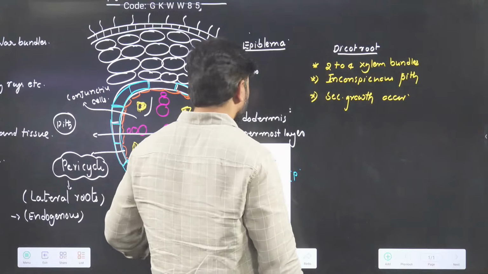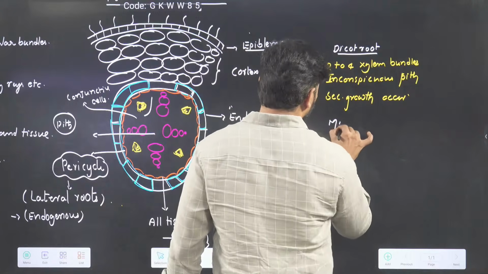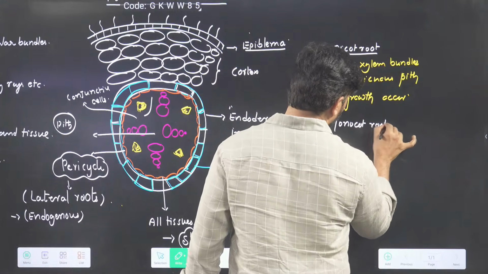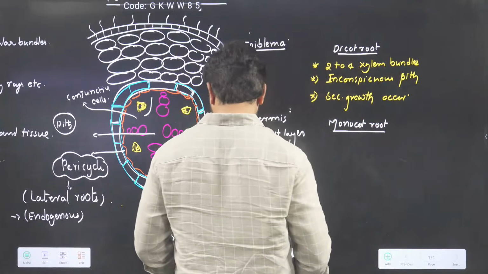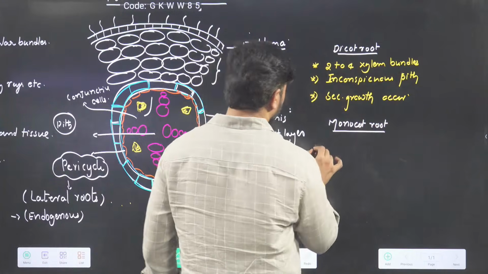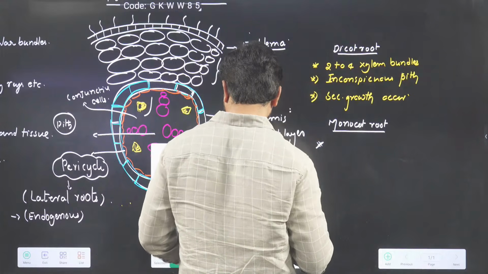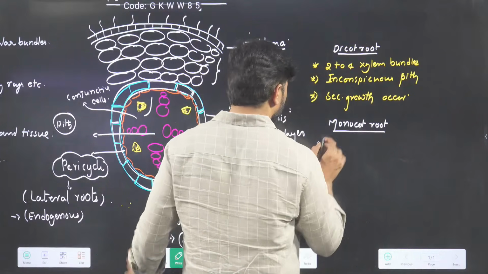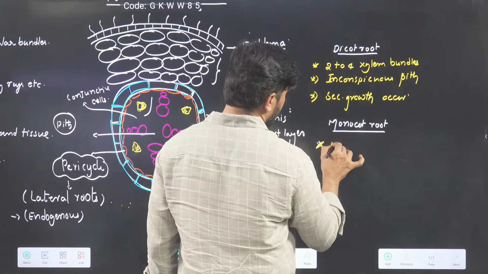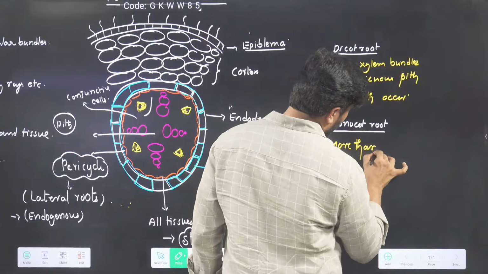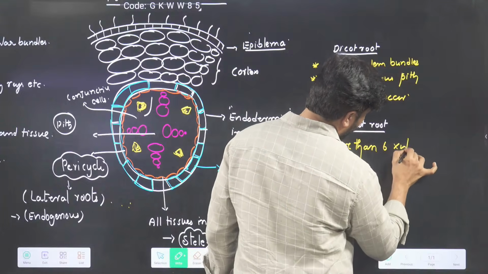Next, monocot root: if you check, there you will have more than 6 xylem bundles.